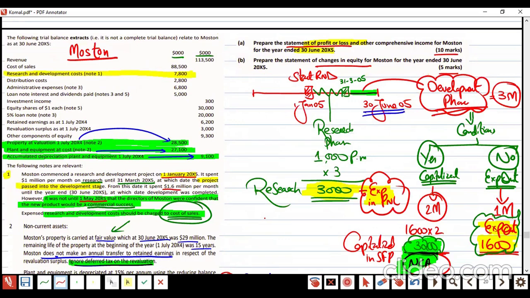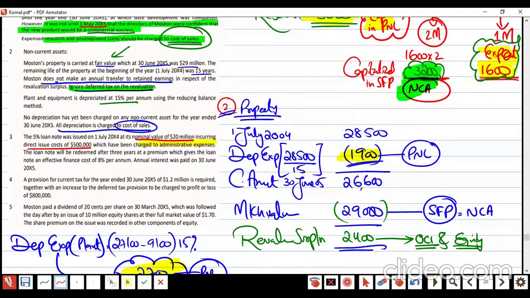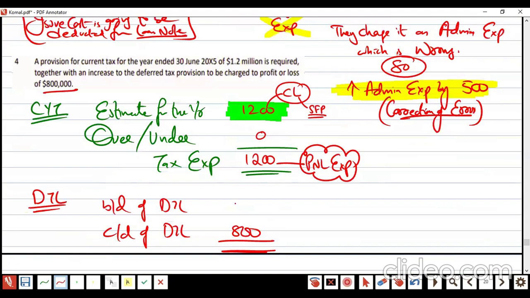No deferred tax and there is no opening balance. So, is it increase or decrease? Sir, it's an increase. Increase in deferred tax liability is a profit and loss expense. Am I right or wrong? Any problems? No. Easy?